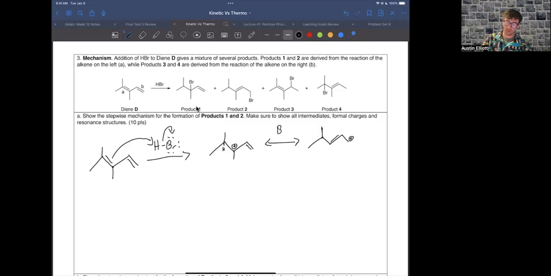Now we have our bromine just chilling up here, and we're going to use it to attack both. This is not necessarily happening simultaneously. It's just a way to show it easier than drawing two separate bromines. But do whatever makes you more confident in your answer. Then we will show our products down below like this.